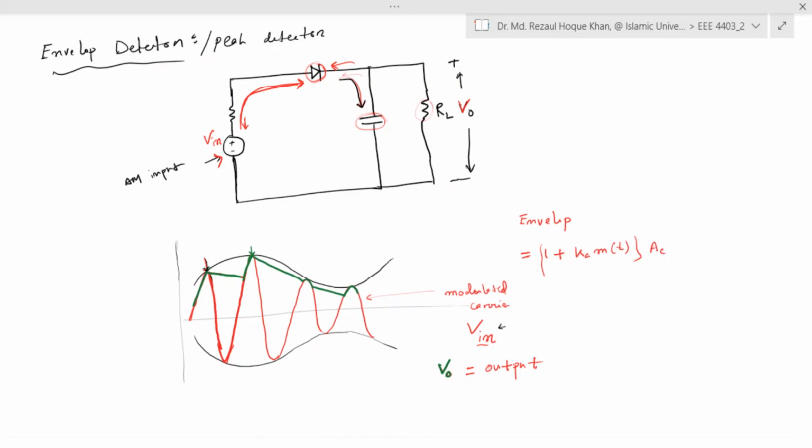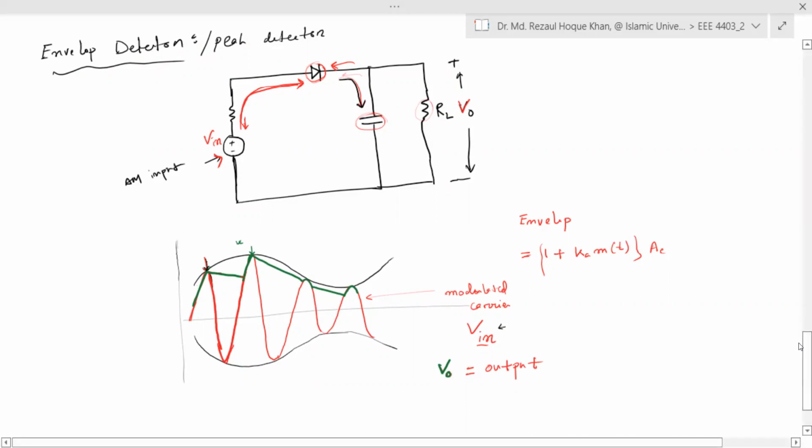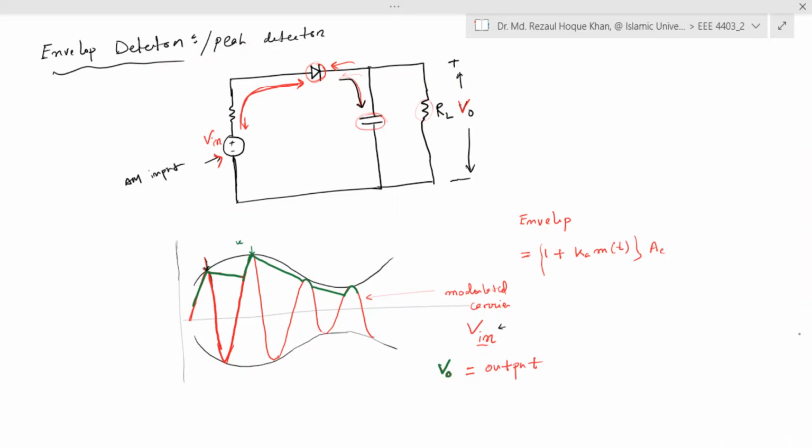Now, this figure was drawn for illustrative purpose. I made it bigger. Practically, you see here the carrier frequency is very low, from this point up to the complete cycle to this point. But you remember, this Fc must be much higher than Fm for this modulation. So it will be a much higher frequency instead of our lower one.